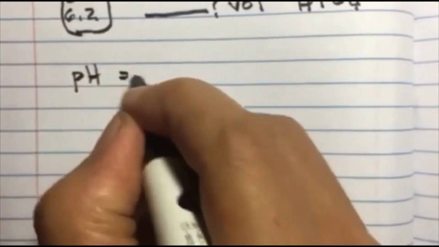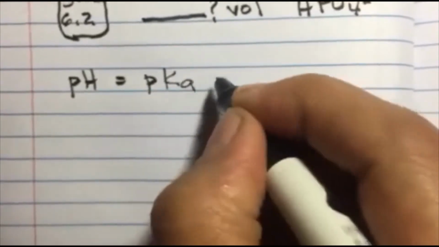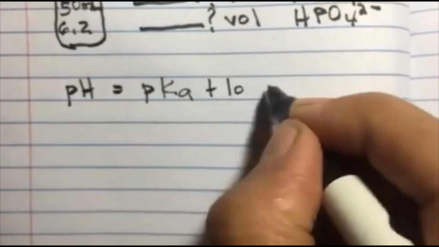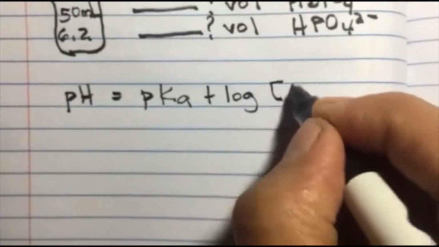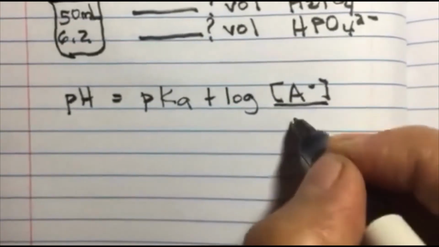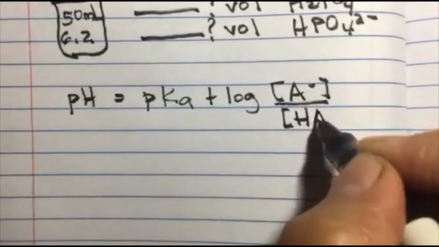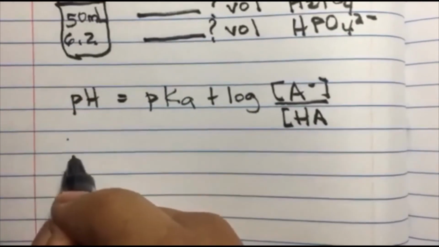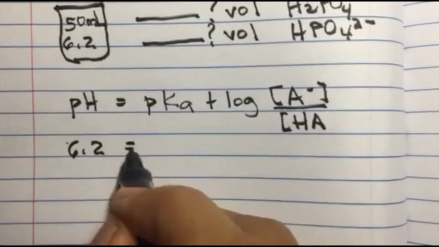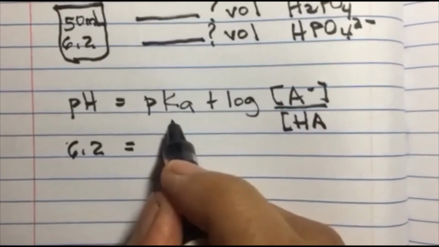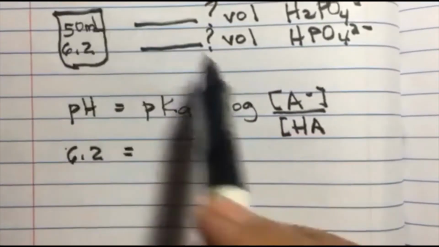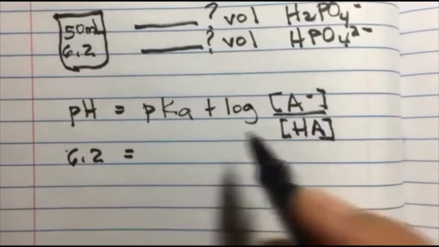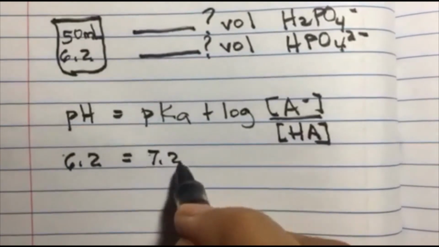So we are going to write the Henderson-Hasselbalch equation, which is pH is equal to the pKa plus log of A- over HA. The required pH is 6.2. And the pKa for dihydrogen phosphate, the acid, is 7.2.